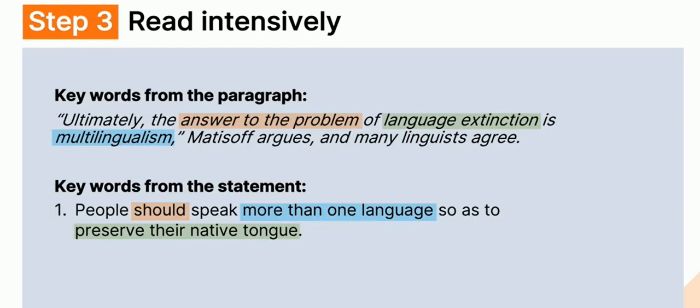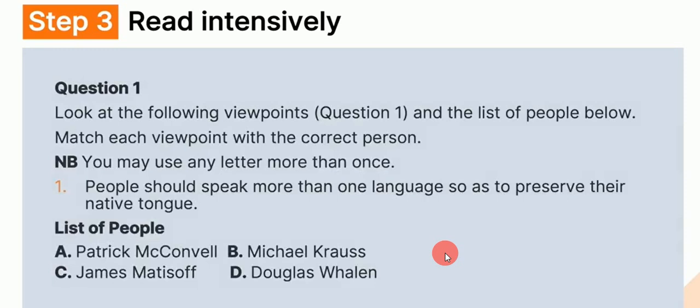The opinions match. You can see that by doing a careful analysis of the vocabulary, you can be certain that you have found the correct answer. And you can see that this opinion is held by Matisoff. James Matisoff, which is answer C, holds the opinion expressed in the statement. And that is how you answer the matching features question in the IELTS reading test.